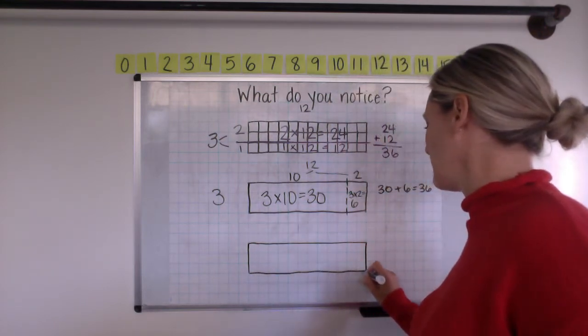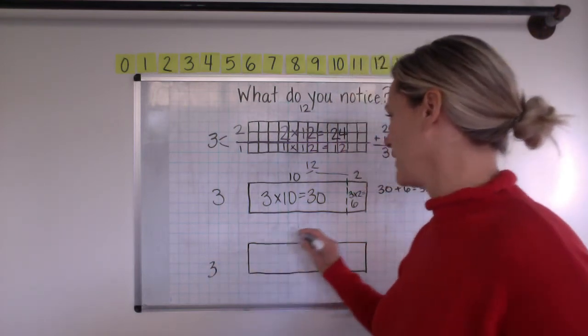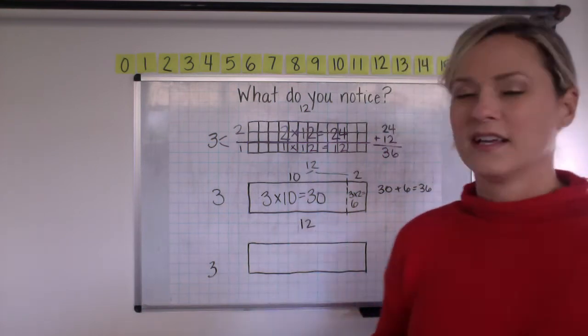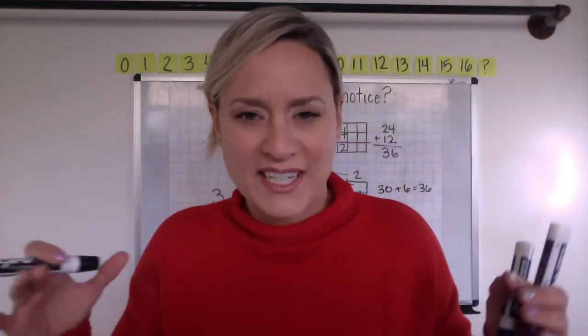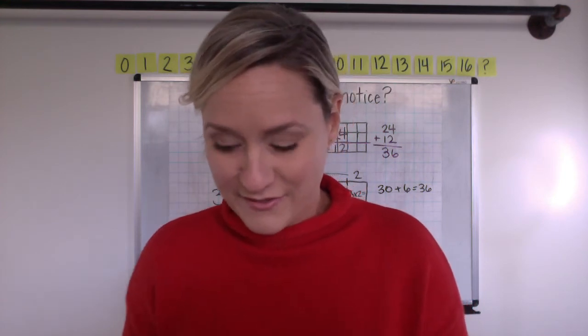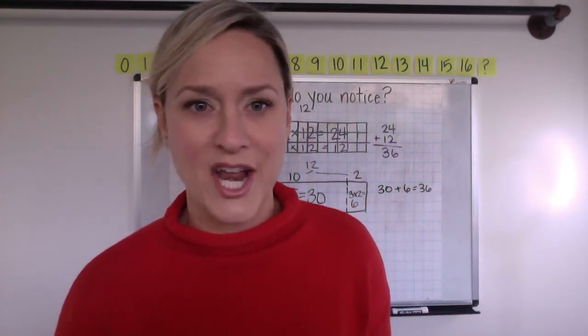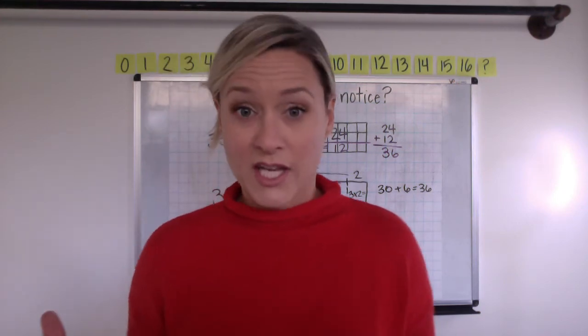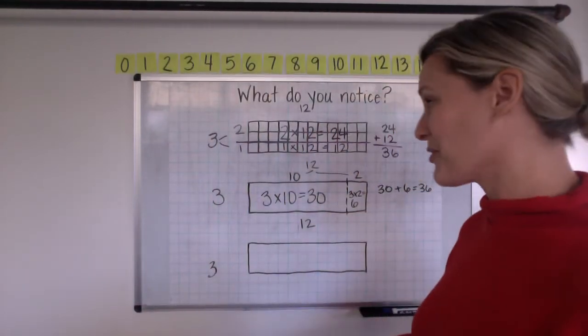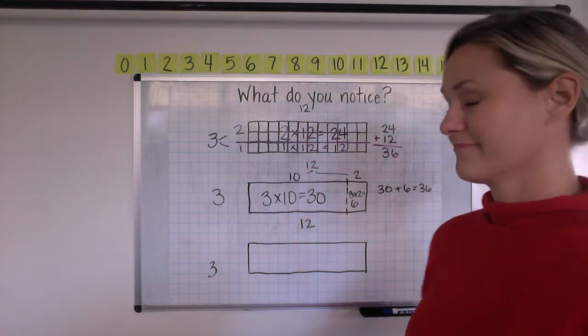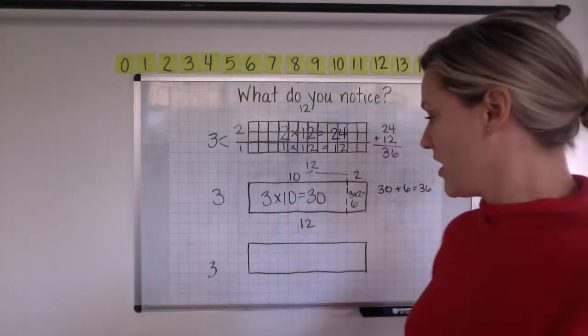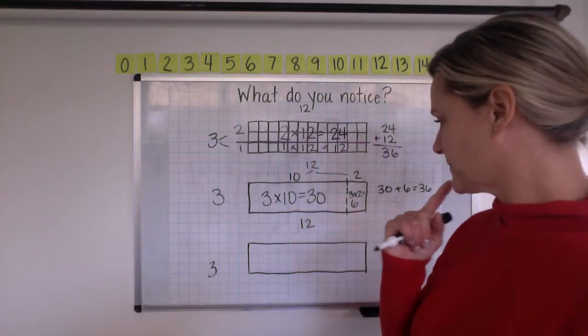So I'm going to draw the same thing again, a 3 by 12. All right, so some people are actually fond of using multiplication equations or facts that they already know. They already have them memorized. So could you break this up in another way?